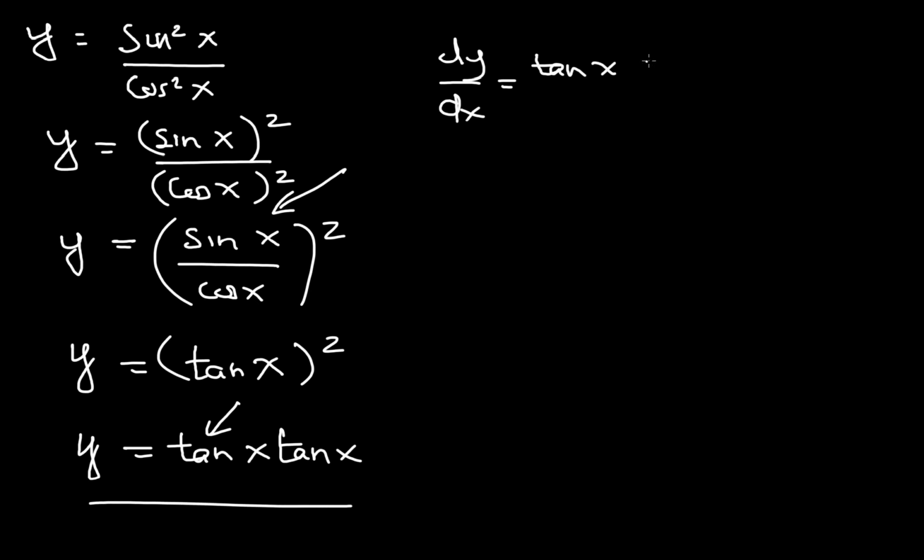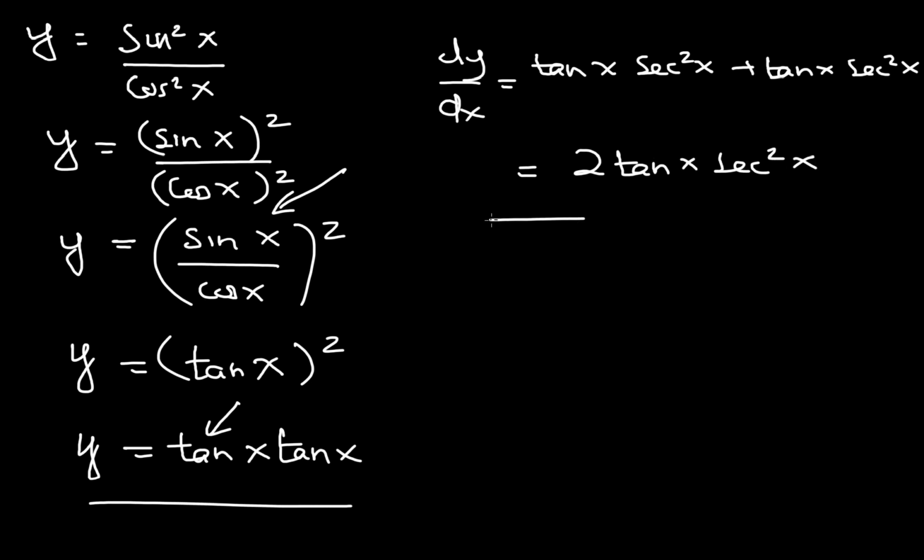So tan x, then we differentiate the other. Then we can say plus again, keep one, and then differentiate the other. So we can see that these are going to be similar. So they'll give us 2 tan x and then sec squared x.